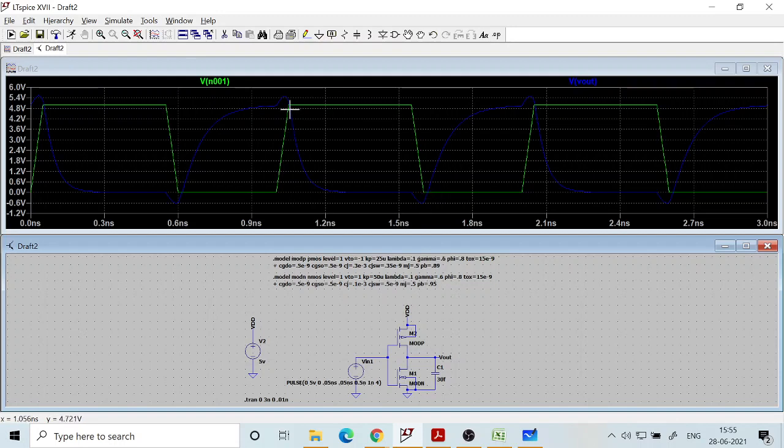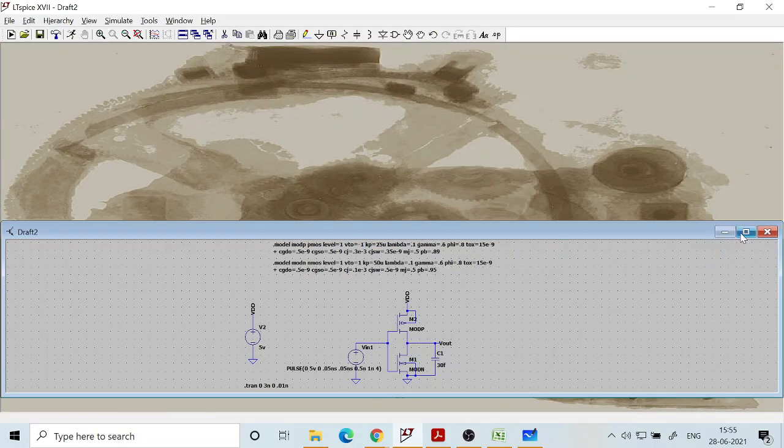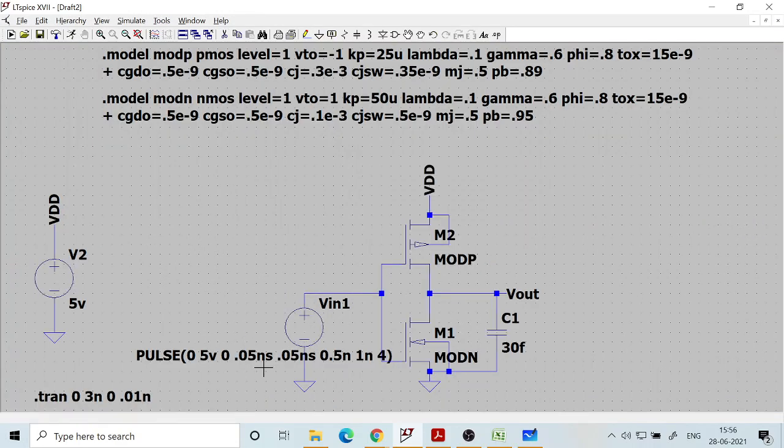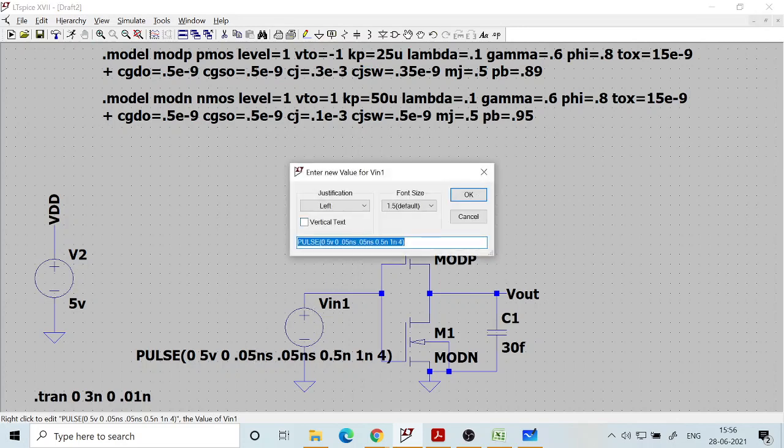So now let's increase the rate at which it goes up and keep the other at the same place. So rise time I want to reduce. Let me make it 0.01, so that means it's faster.